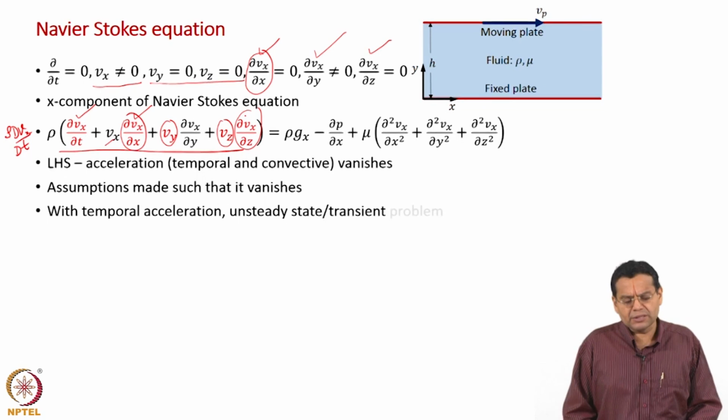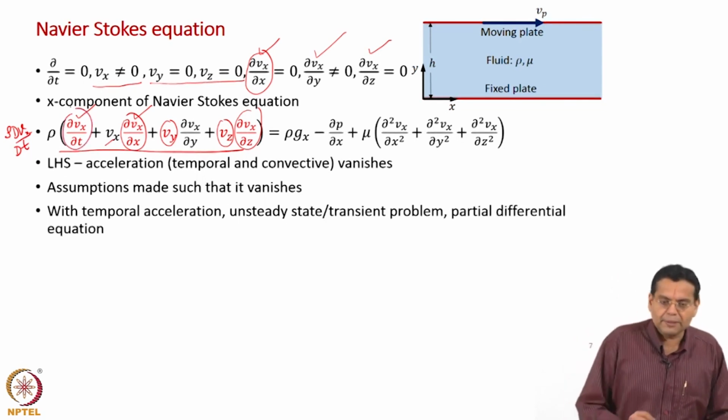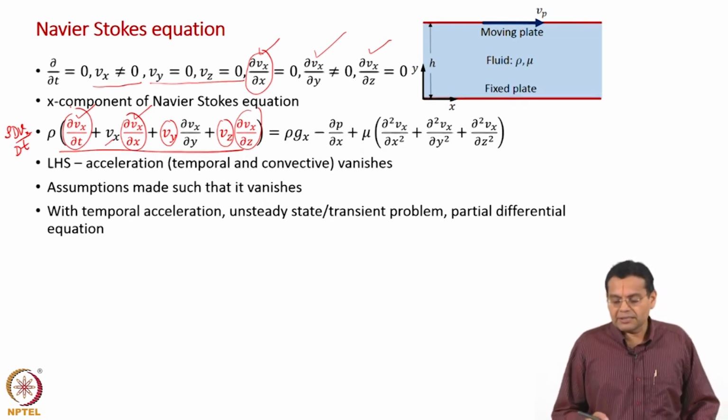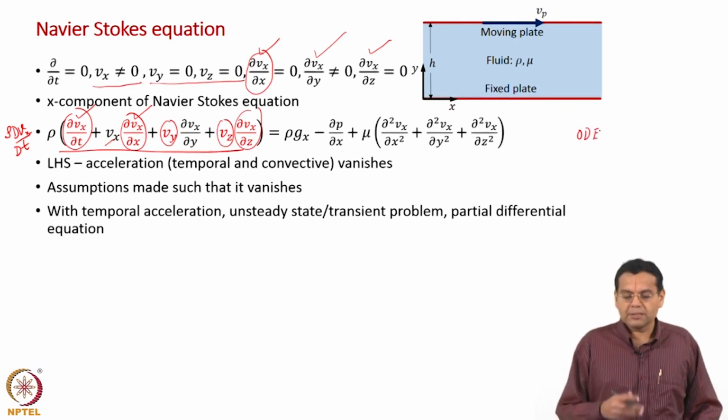Suppose we do not assume steady state, what will happen? You will have this dou Vx by dou t term on the left hand side. You will see shortly that we will get an ordinary differential equation. That is also obvious, because the time variable is gone now. For the present case, only y is the independent variable.